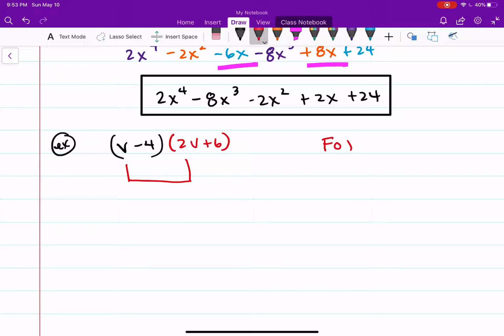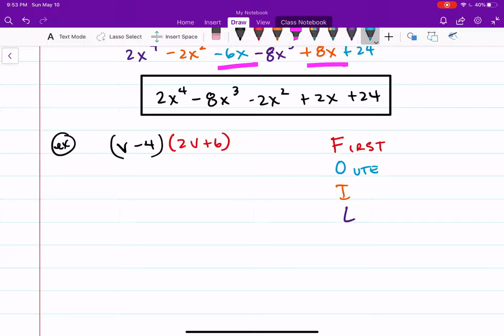FOIL, actually let's write it this way. FOIL stands for first, which is the first term in each group or binomial, okay?